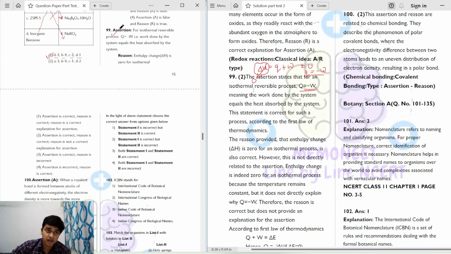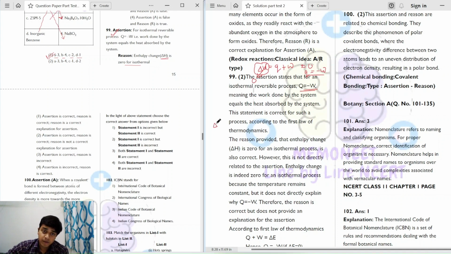So this statement is absolutely correct. The assertion is correct. If we talk about the reasoning statement, the reason says enthalpy change delta H is 0 for isothermal process. So for an isothermal process, the change in enthalpy is 0. That is absolutely correct because enthalpy depends on the change in temperature as well. But in an isothermal process, the delta T is 0. So the delta H will also be 0. So this statement is correct.